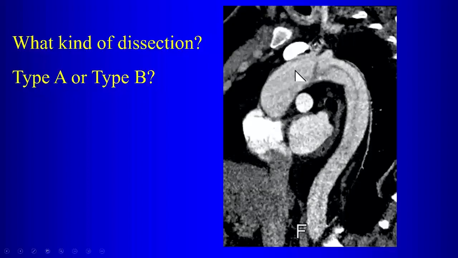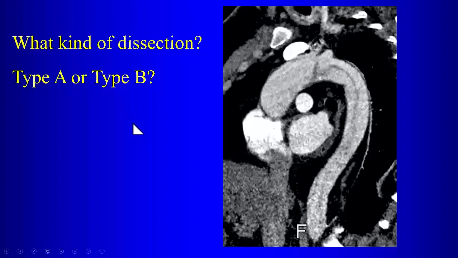Does it involve the ascending aorta? No. So this does not involve the ascending aorta, but it does involve the arch. So that's the question: a dissection that involves the arch, is this a type A or a type B? No, this would be a type B.